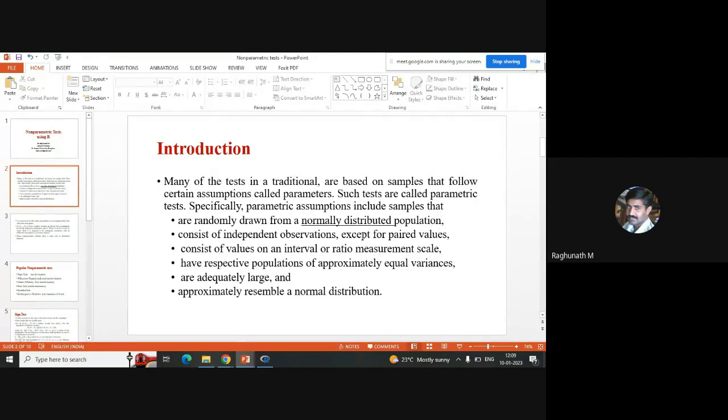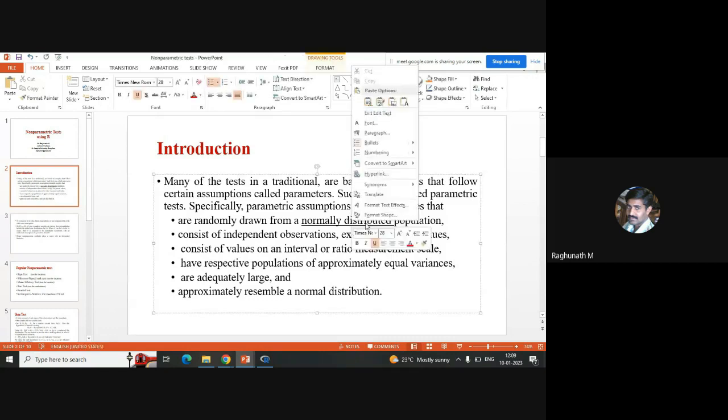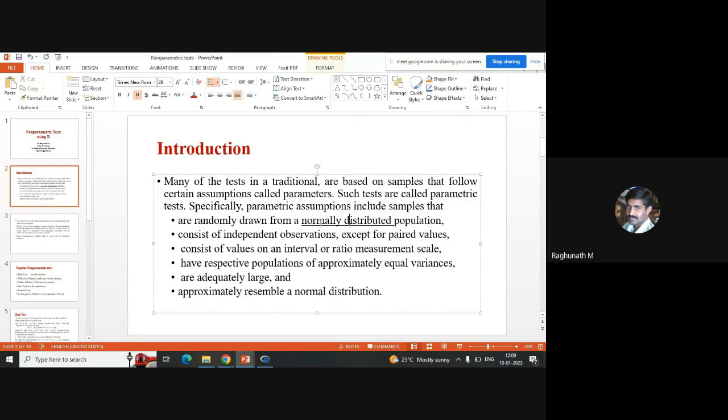In most situations, many people think normal distribution is one of the assumptions. Yesterday I plotted two graphs in a single graph: normal with mean 0 and normal with mean 1, having location parameters 0 and 1.